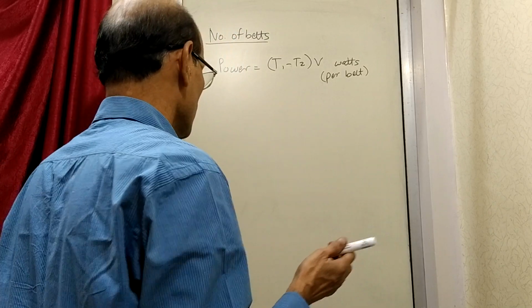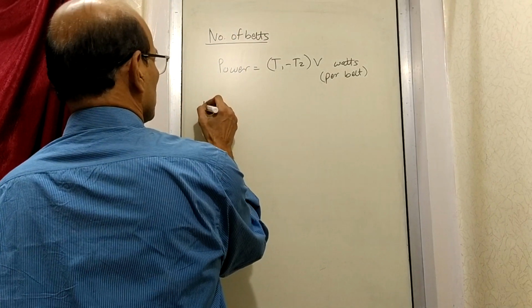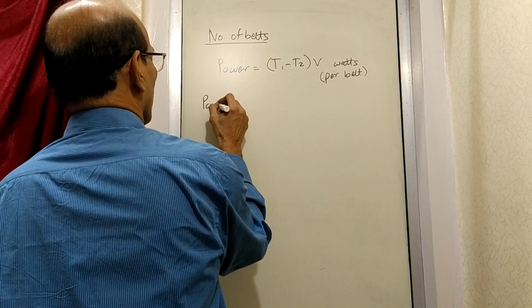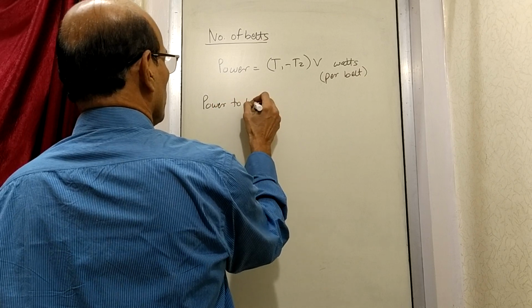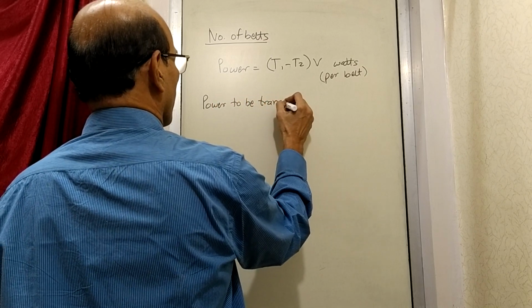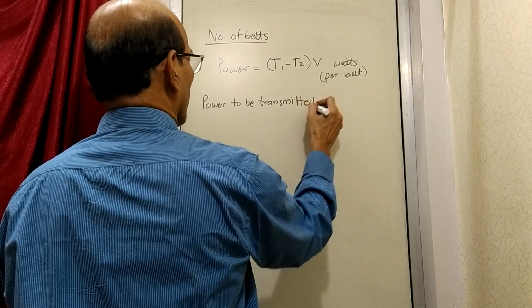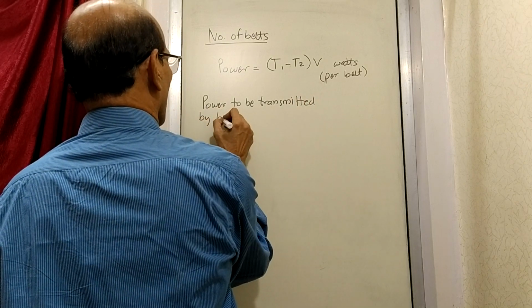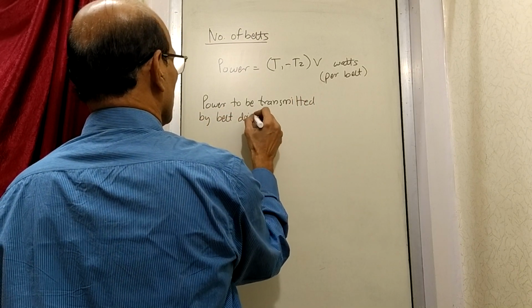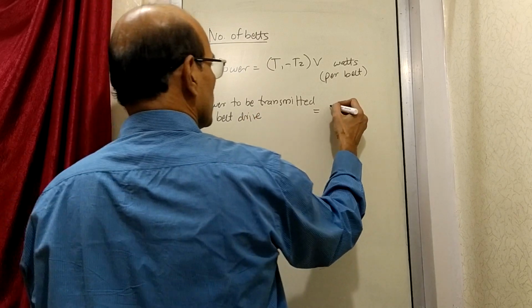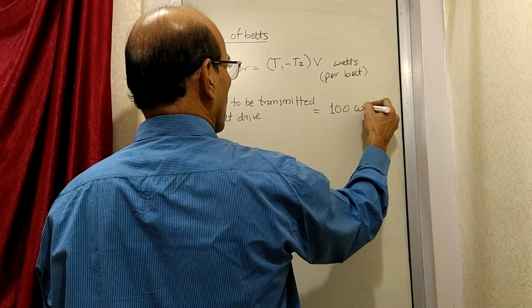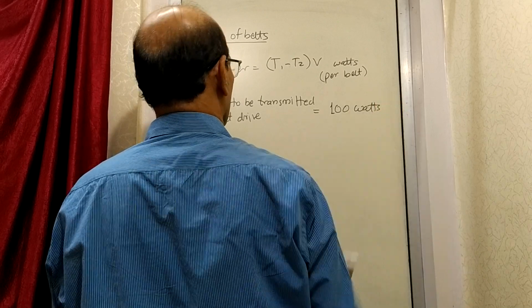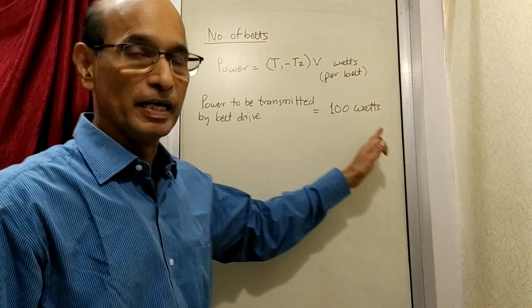So it goes like this. Power to be transmitted by belt drive. Suppose example is, suppose you want to transmit 100 watts of power. Total power what you want to transmit is 100.